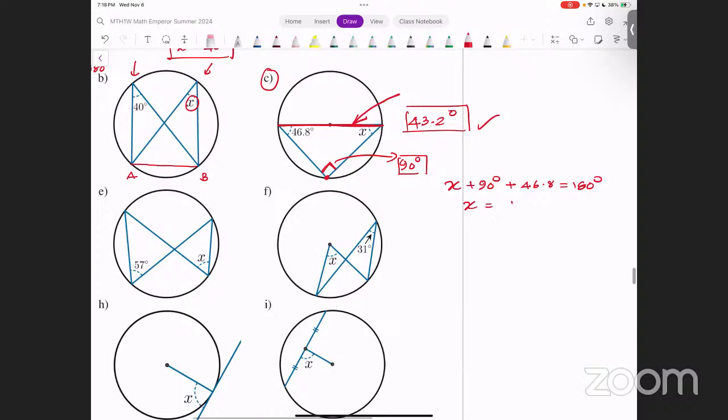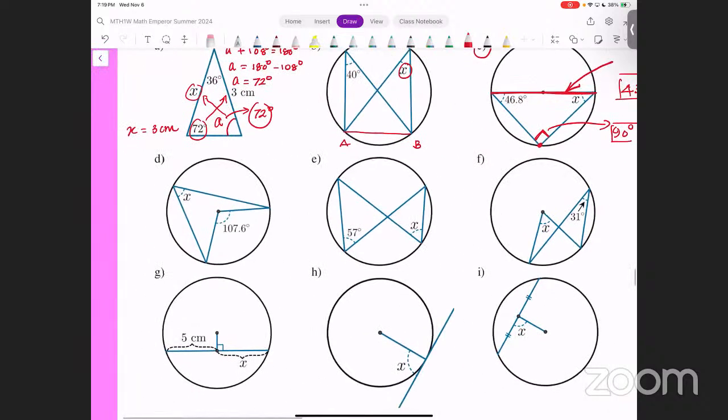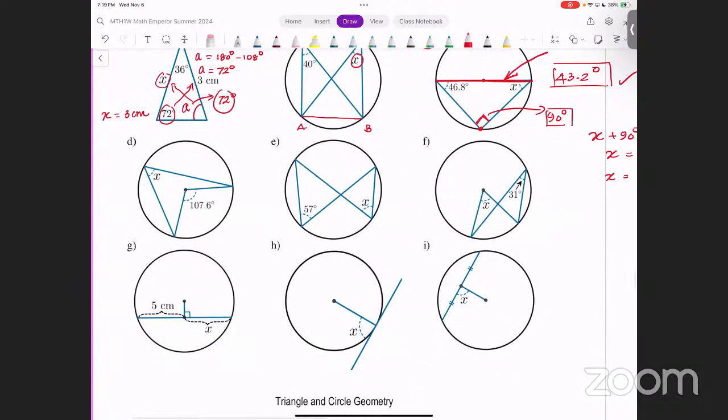So x is equal to 180 minus 46.8 minus 90. Correct. There are some challenging and interesting questions out there. So let's go back to ask the next question.